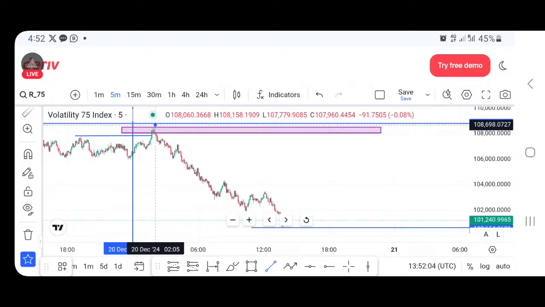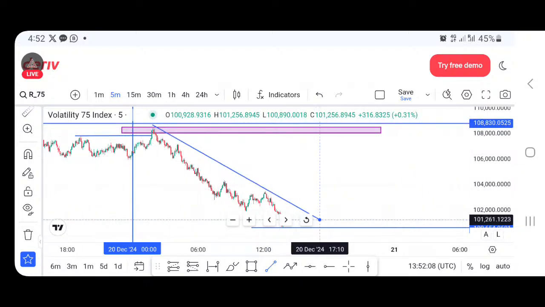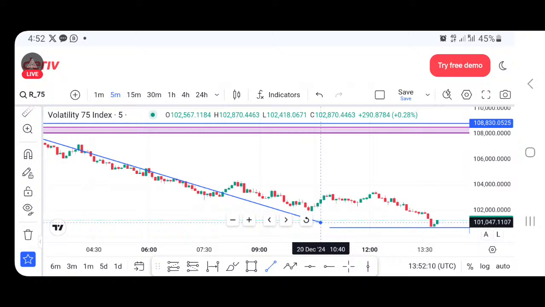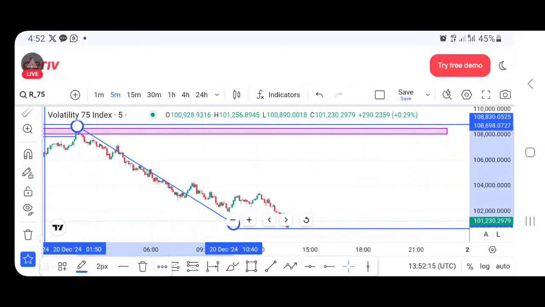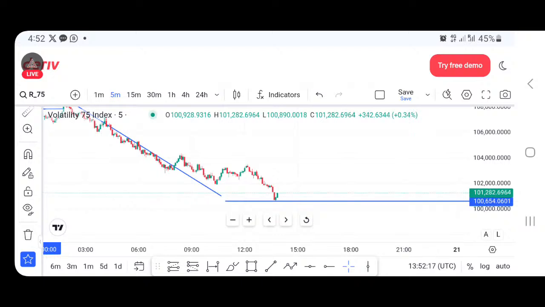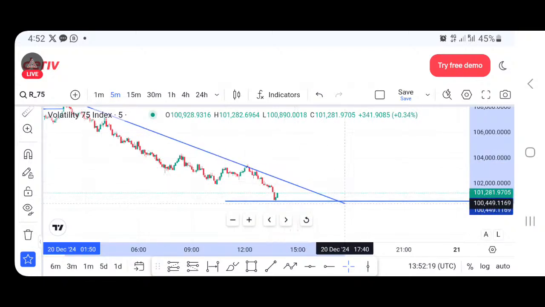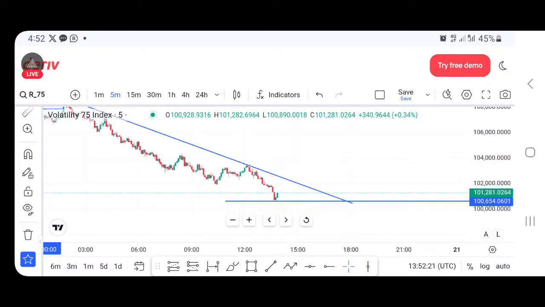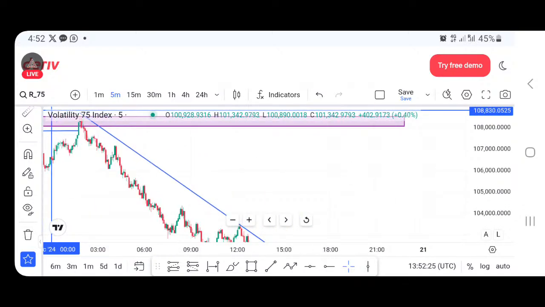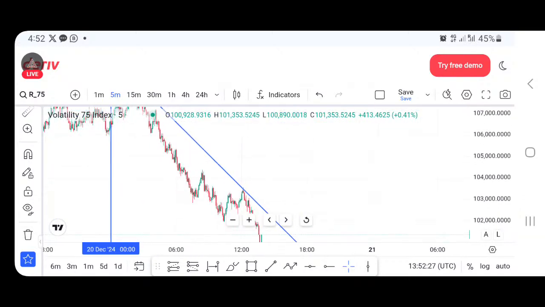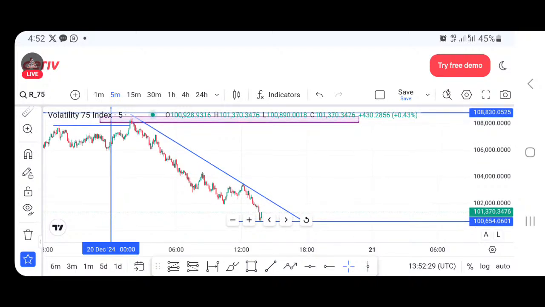So you draw your trend line like that. After drawing your trend line, you wait for the market to break it. After breaking it, you execute. You take the market up, or you take the market down.